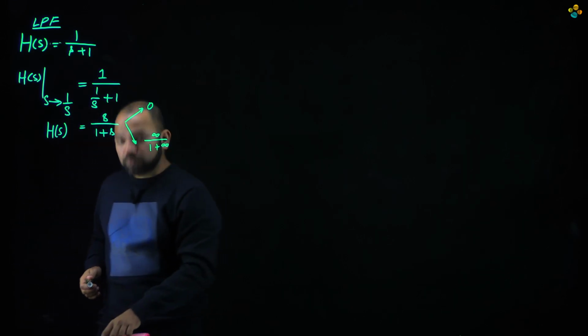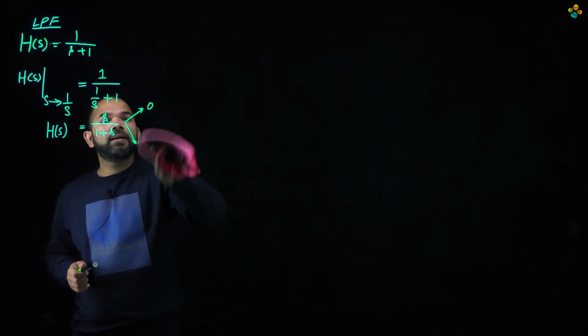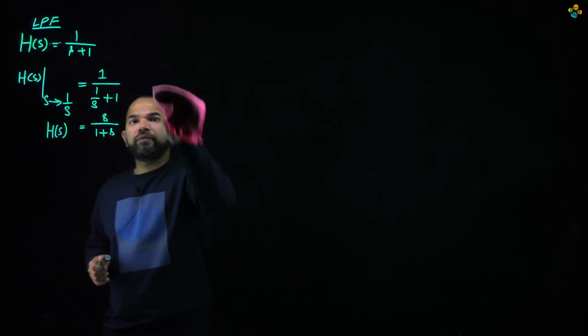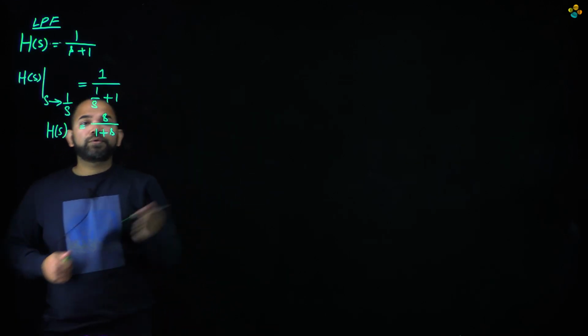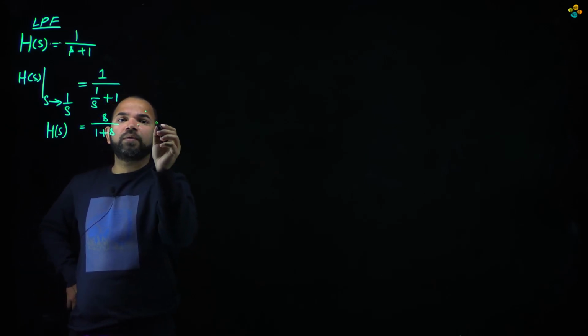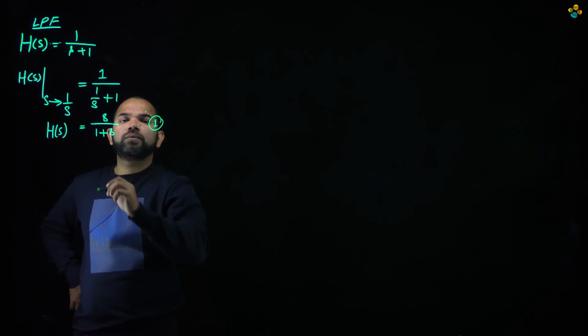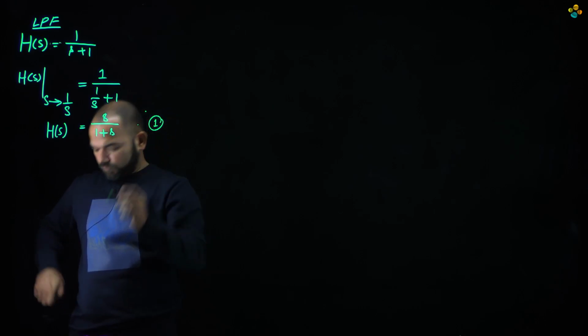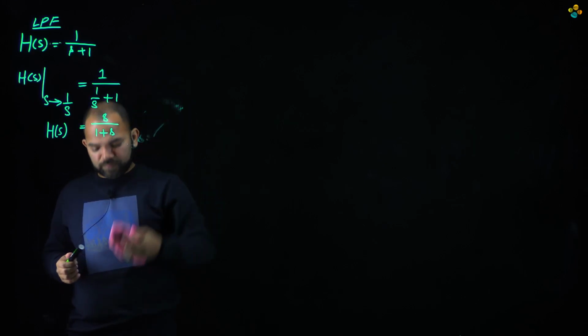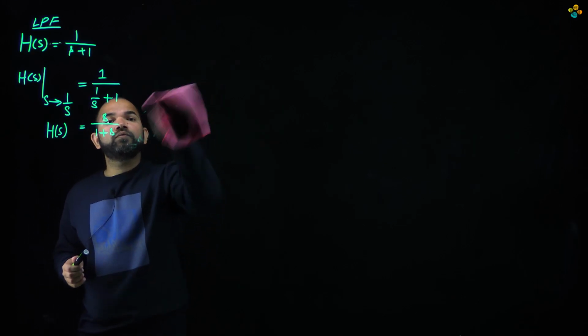So what are we going to do? We're going to use L'Hospital's rule. With L'Hospital's rule, we need to differentiate the upper part and lower part. So this comes out to be 1. So with L'Hospital's rule, when we solve this limit, the transfer function for infinity comes out to be 1.